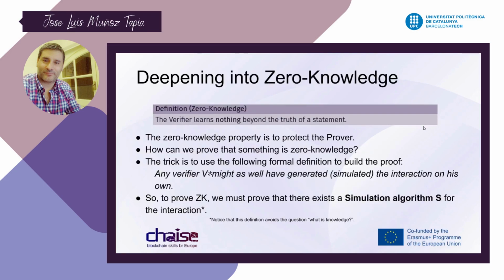And what about zero knowledge? Using zero knowledge means that the verifier learns nothing beyond the truth of the statement. This property is specifically designed to protect the prover, because the prover doesn't want to reveal any extra information. So how can I be sure that something is zero knowledge, or how can I prove something with zero knowledge?